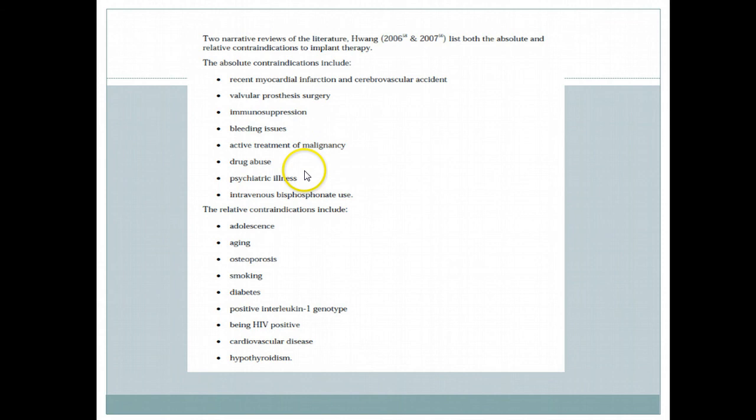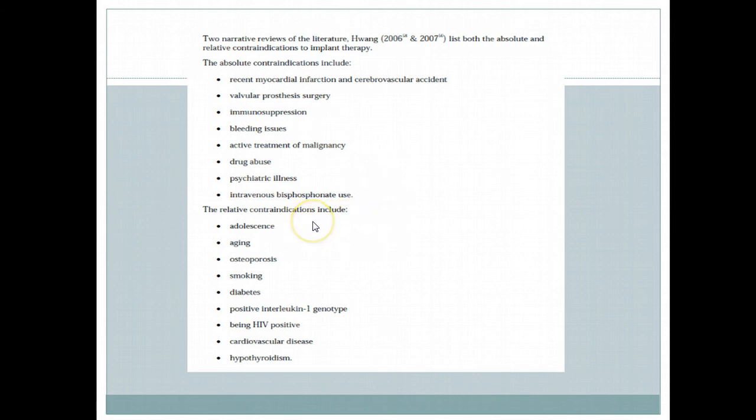Malignancy, drug abuse, psychiatric issue, IV bisphosphonate. Again, at least for me, it's not an absolute contraindication because we have a certain protocol that we follow and we are equipped to handle our complications as a maxillofacial surgeon. But I do recommend that general dentists, for a patient who is on IV bisphosphonate, especially recently, and their CTX is marginal, send them to their oral surgeon.